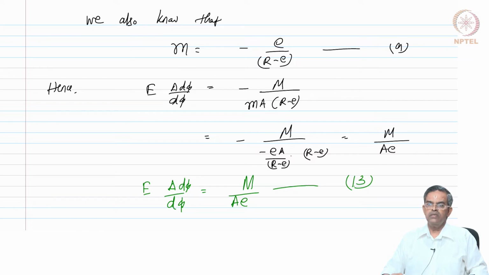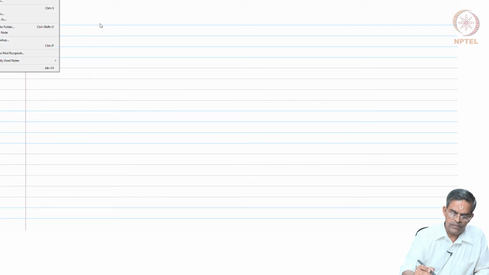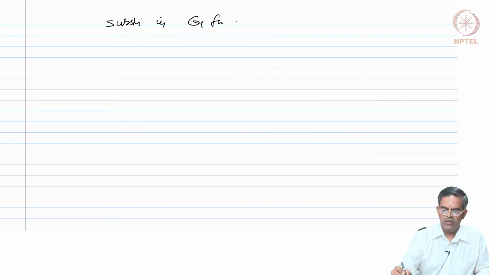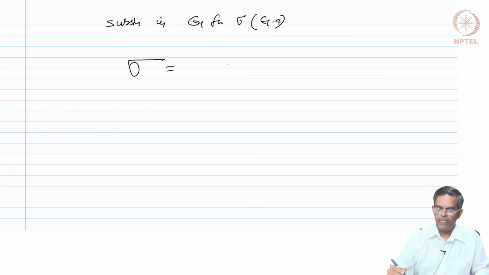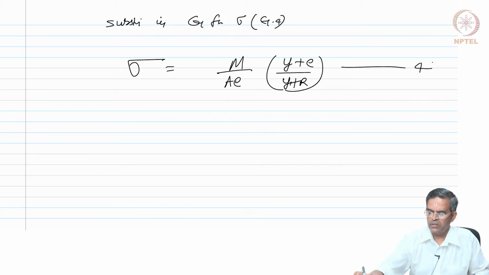Substitute this in the equation for finding out the stress. It was possibly equation 4, you can check that. So, the stress is now given by M by AE times (Y plus E) by (Y plus R). This was actually equation 4.